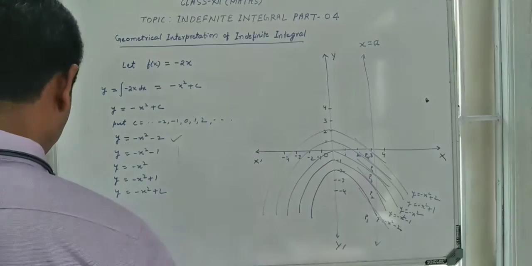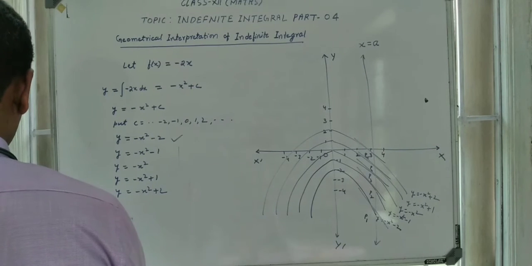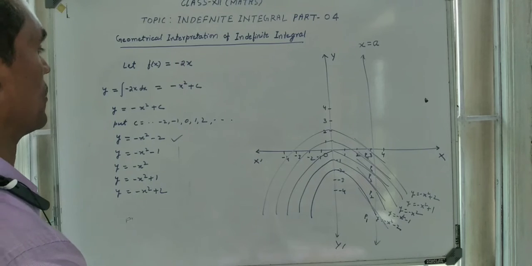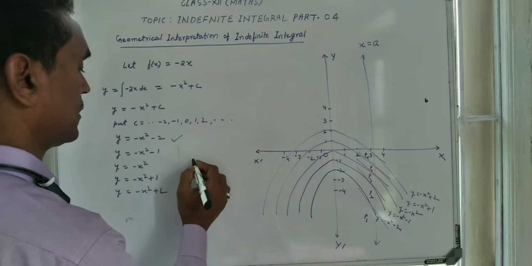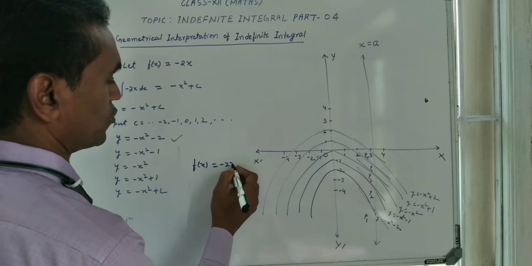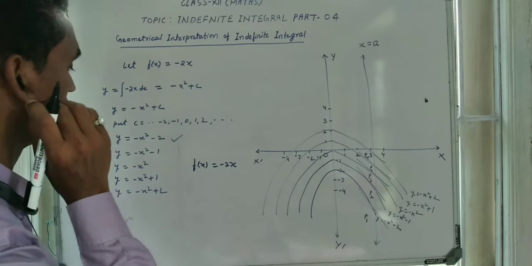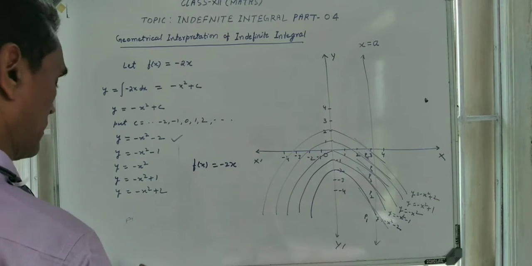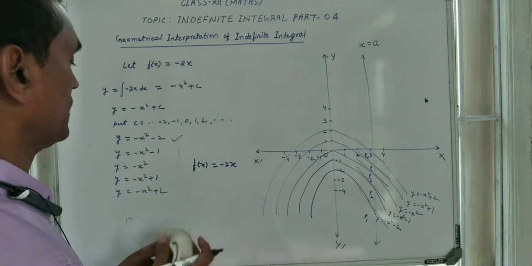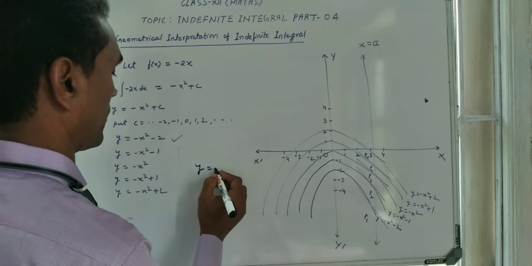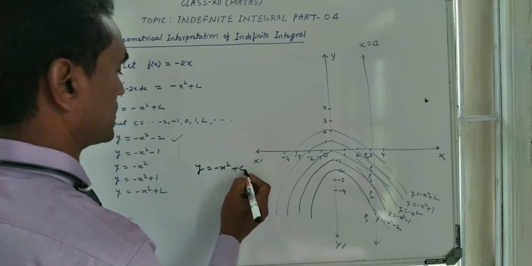You see here. f(x) is minus 2x. Now y is minus x square plus c.